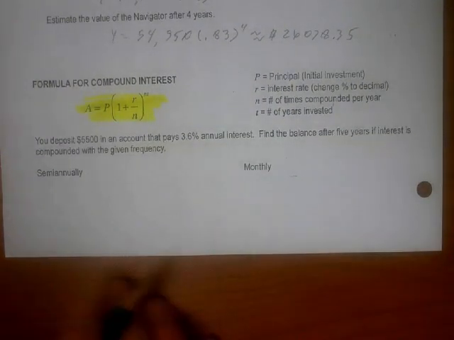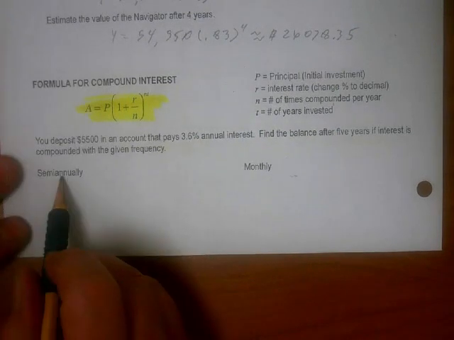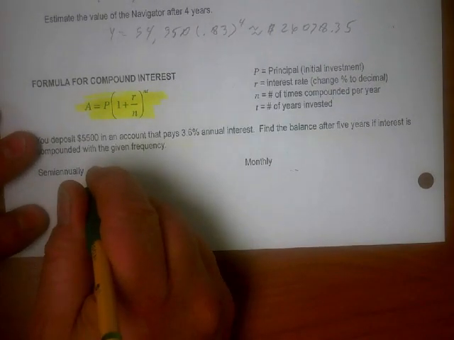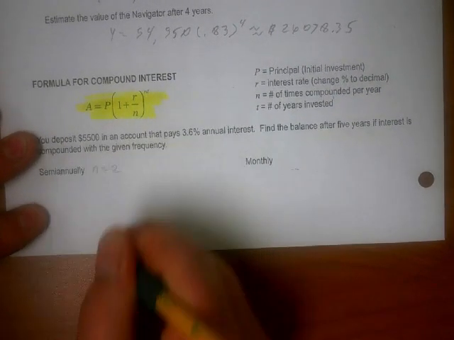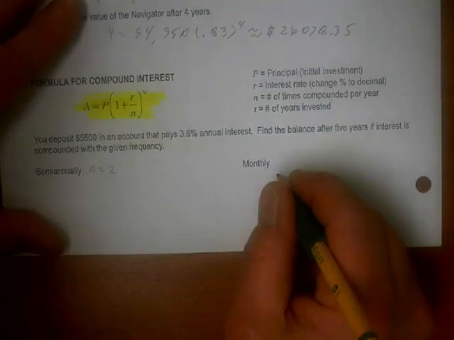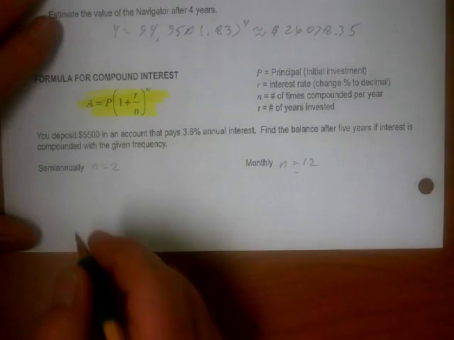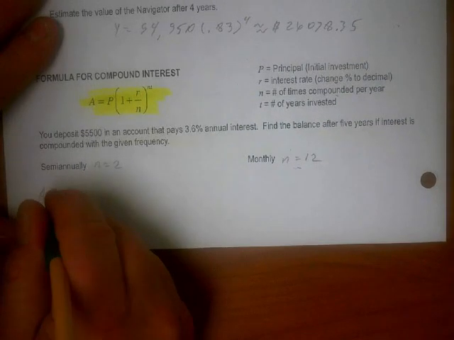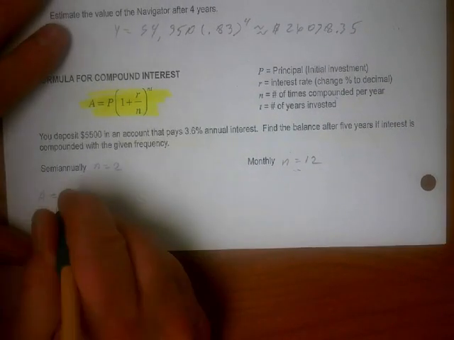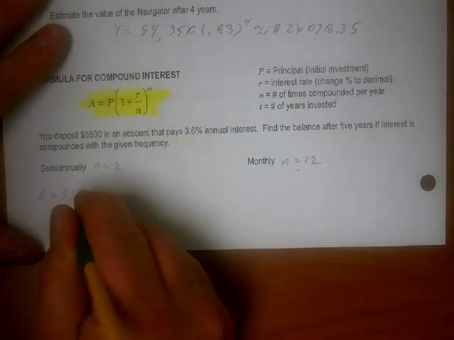Deposit $550 in an account that pays 3.6% annual interest. Find the balance after 5 years if interest is compounded with a given frequency. Semi-annually means it's going to be compounded twice, so in this case, n equals 2. Monthly means n is going to equal 12. So here's our equation.